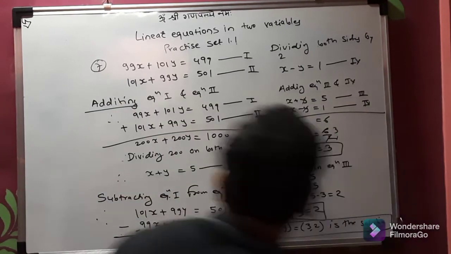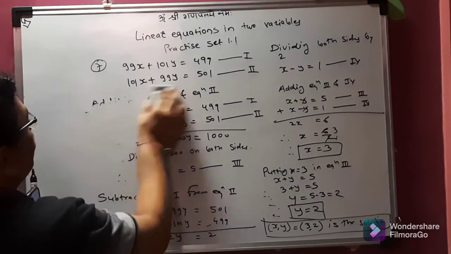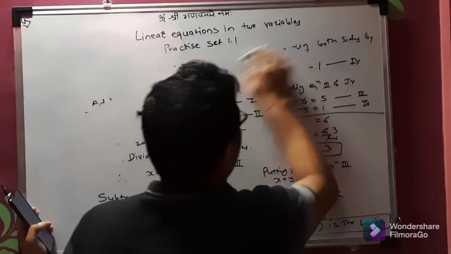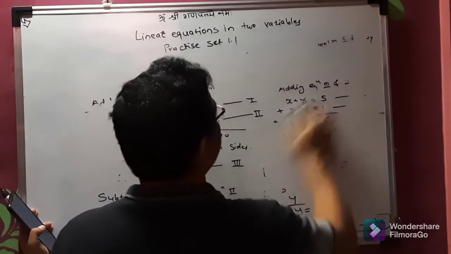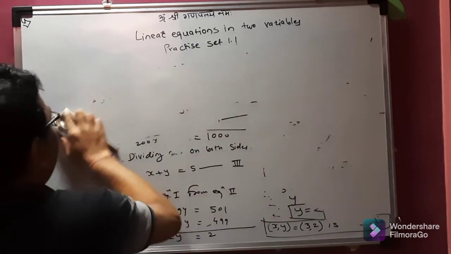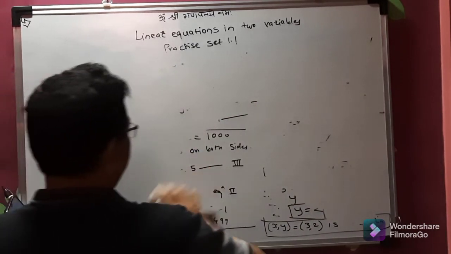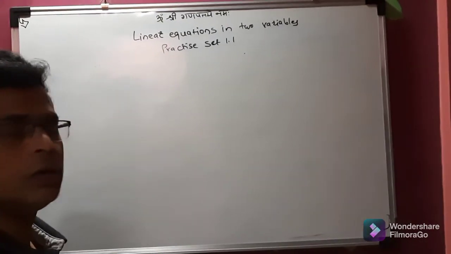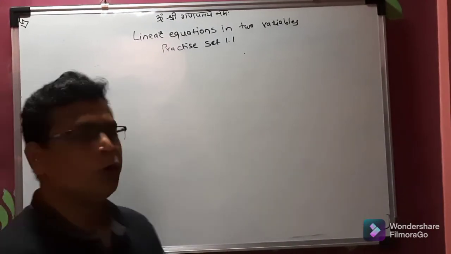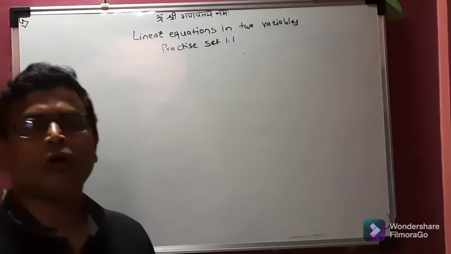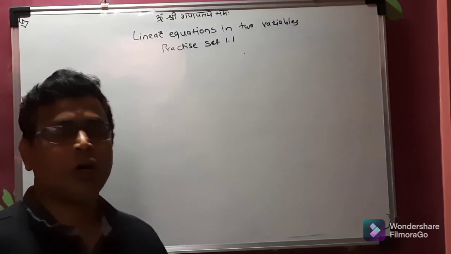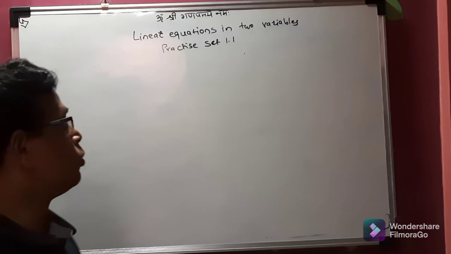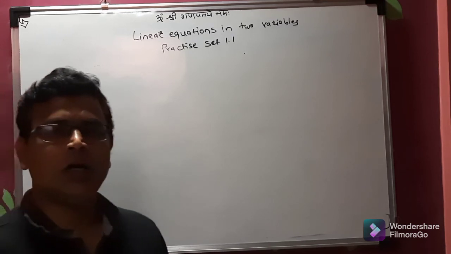So guys, we have completed practice set 1.1 of chapter 1 of standard 10. Now in the next video we will solve practice set 1.2 of this chapter. Hope you have understood these problems.